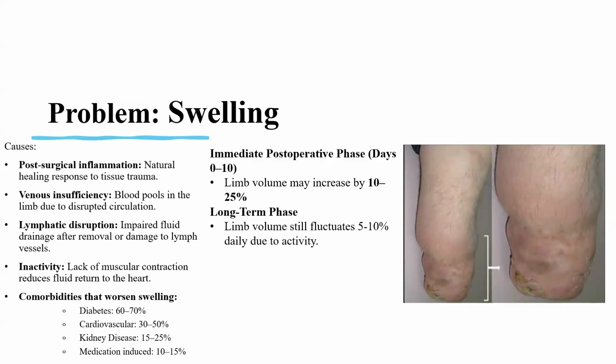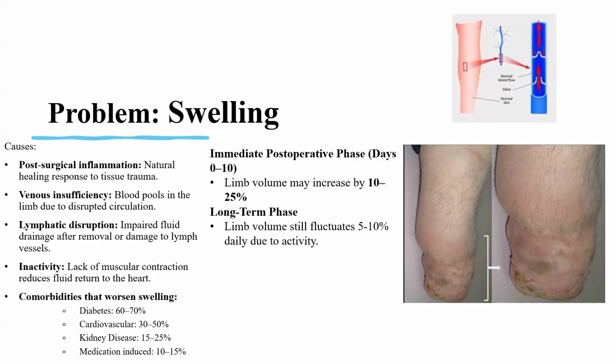But the main problem that we want to address, that we're concerned about, is swelling. The causes of swelling in an amputation are post-surgical inflammation, which is just the body's natural reaction to the loss of tissue damage, and venous insufficiency. That is when blood pools at the bottom of the residual limb as a result of a lack of circulation.